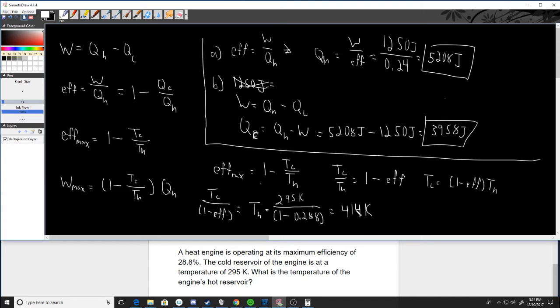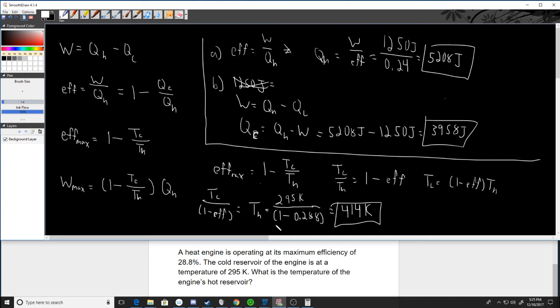Roughly 100 and some odd Kelvin, or 100 some odd degrees Celsius hotter. That one I think involves some of the most algebra we've done for quite a while, pretty much since the kinematic equations, just because it wasn't as easy as cross multiplying.